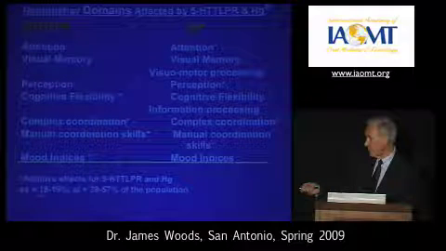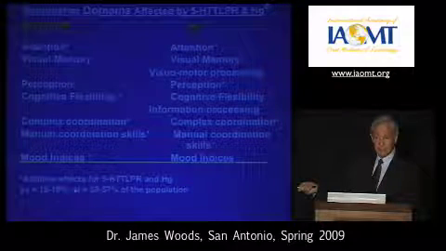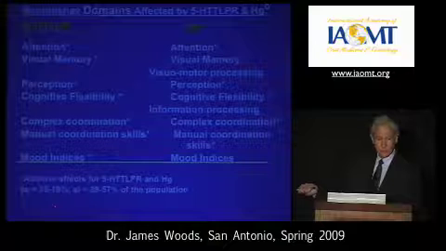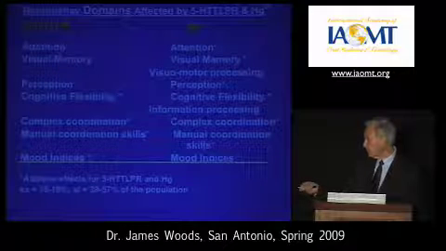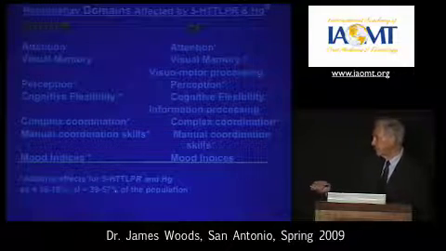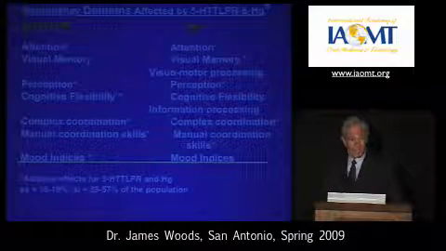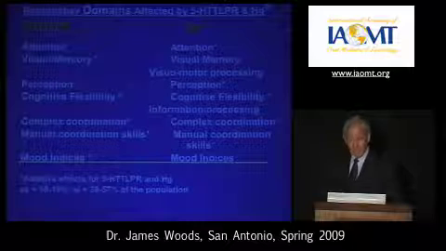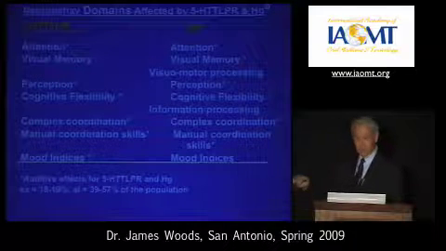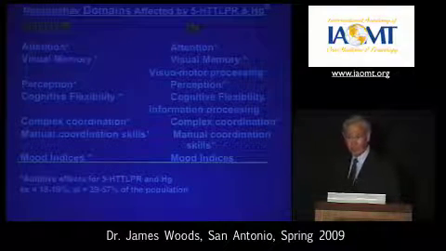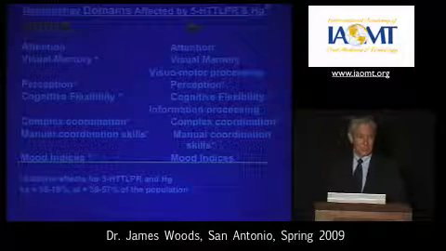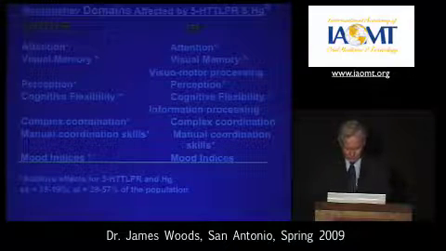And notice that the full polymorphism is present now in 18 to 19% of the U.S. population, and 39 to 57% of the heterozygous form. So a lot of people are potentially affected by this polymorphism and the additional consequences of mercury exposure.